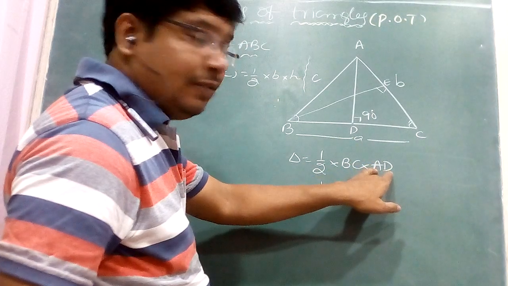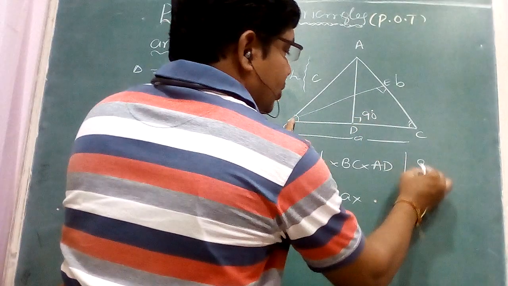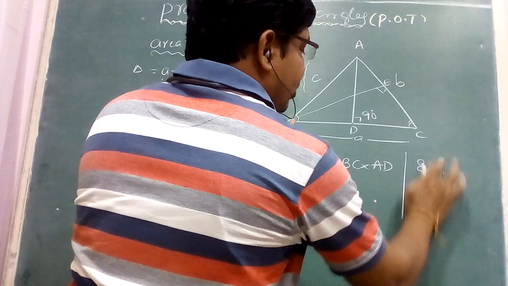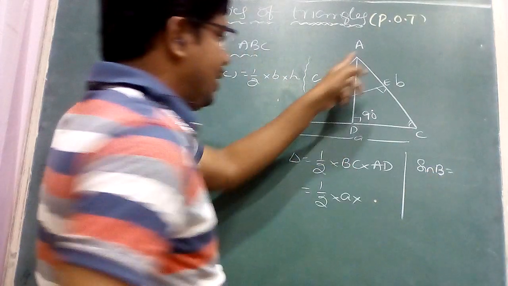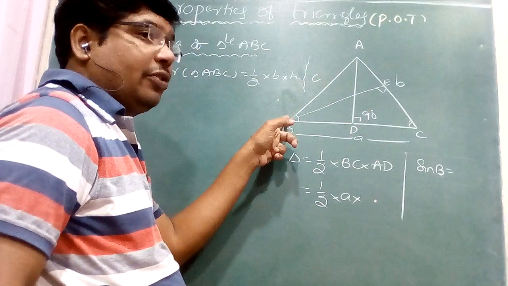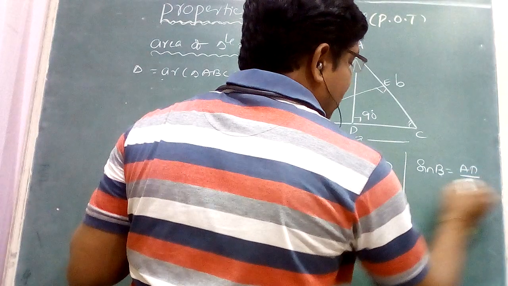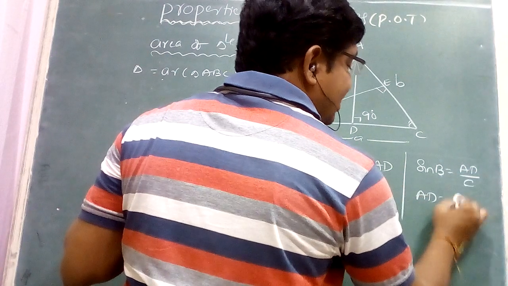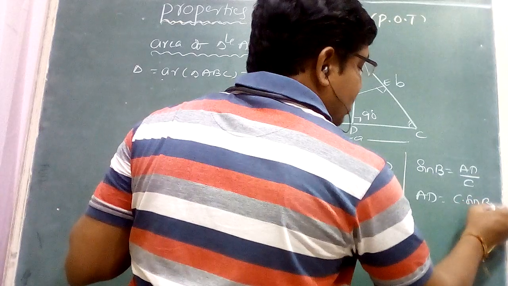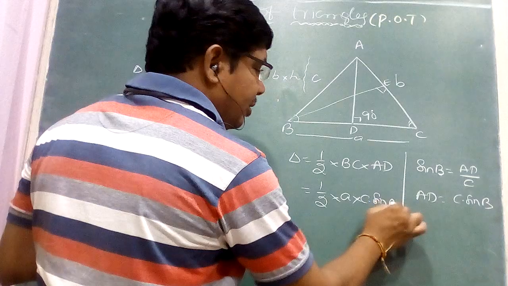If you want the AD length, you can apply sine rule. Sin B is equal to opposite side AD by hypotenuse small c. AD is equal to c into sin B. Substitute now.